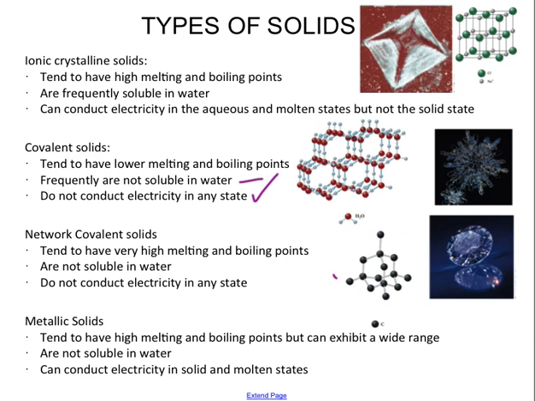Now we get to network covalent, and this is what Rui brought up when he brought up graphite. So there are two primary ones that they focus on in the AP that you might see. Carbon, as a system by itself, will take many, many forms, depending upon how it bonds. Carbon has the ability to three-dimensionally bond with itself over and over again.